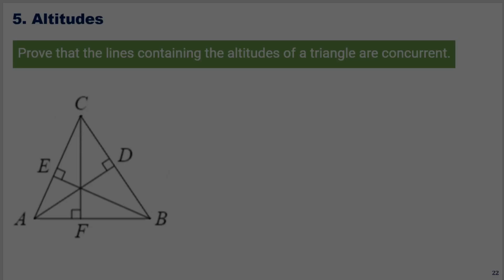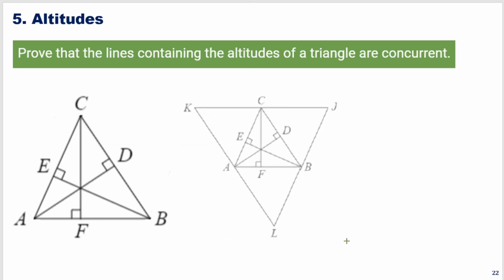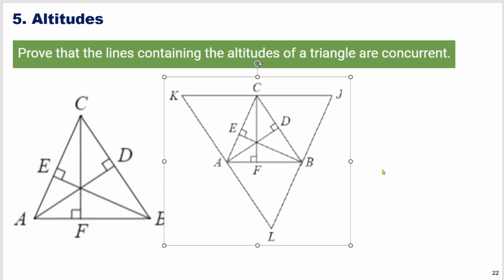So one possible way to draw the auxiliary lines looks like this. We want our A, B, and C to be the midpoints of the sides of our other triangle.